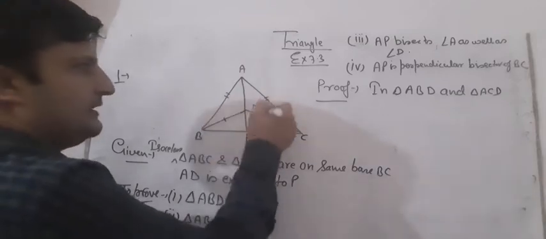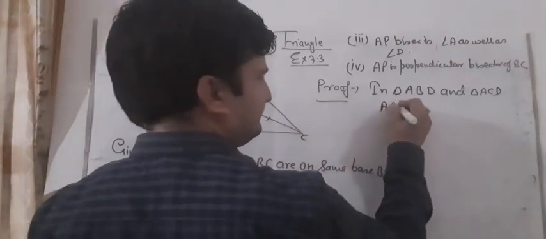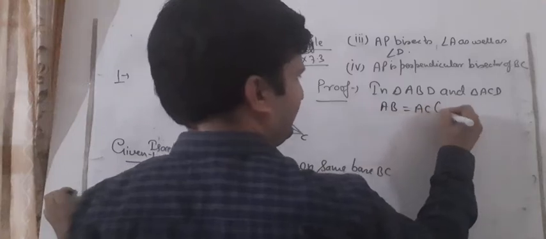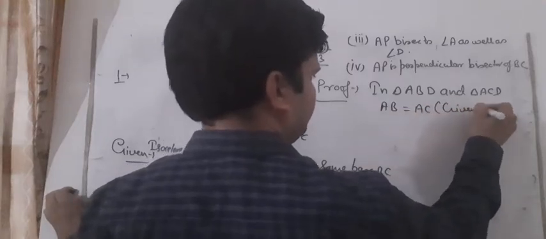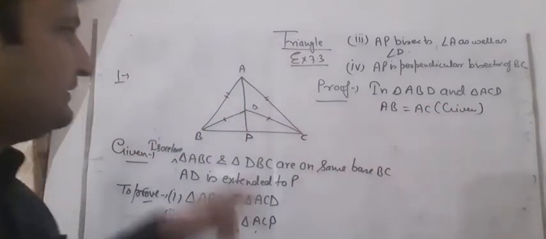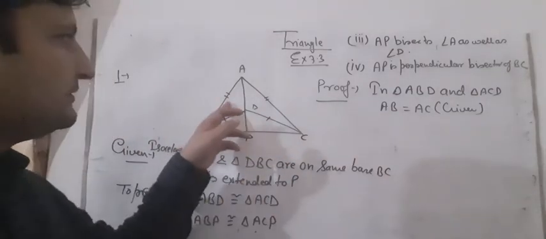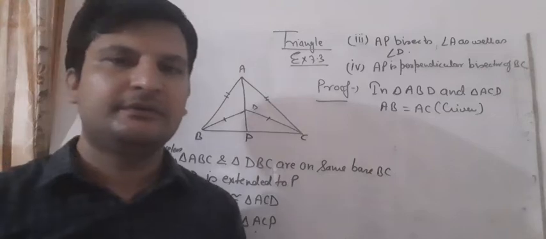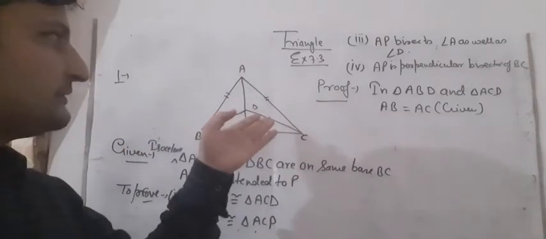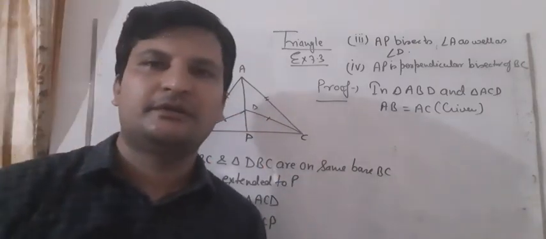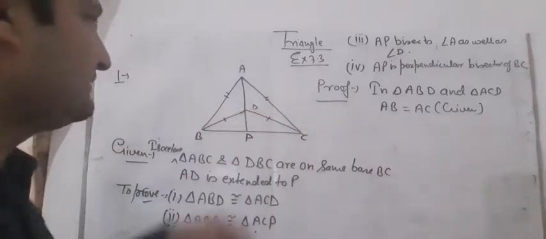It is given that AB is equal to AC. Why is it given? Because these two triangles are isosceles triangles. We know that in an isosceles triangle two sides are equal. So these two sides are equal.